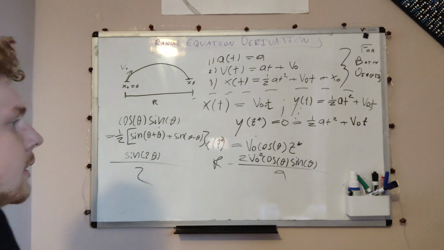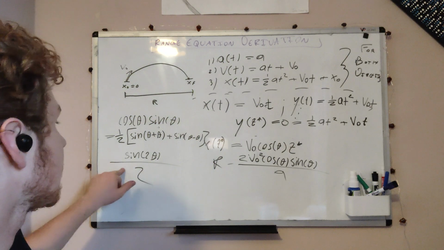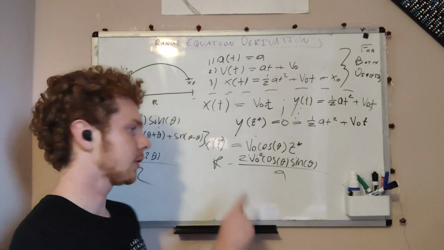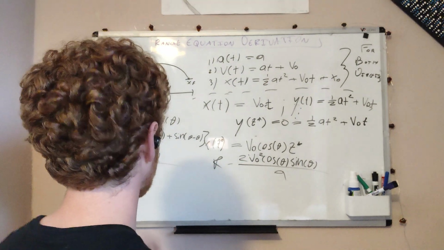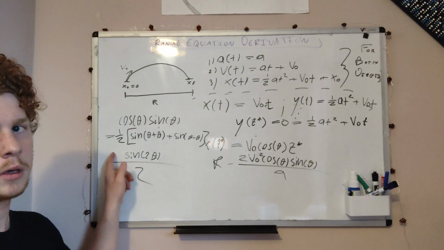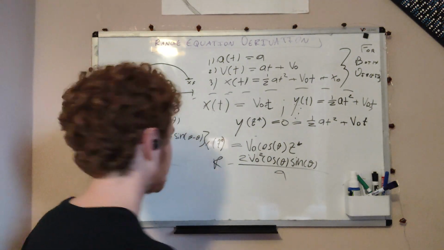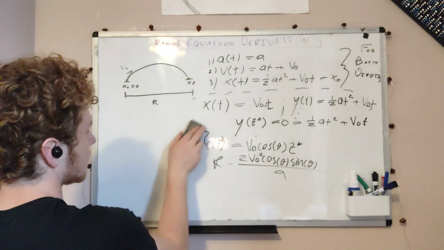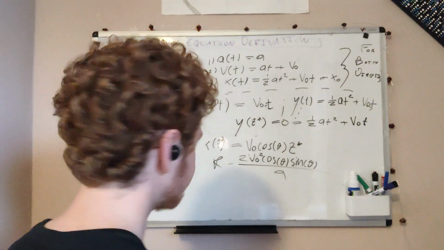So what we just did is we rewrote cosine of theta times sine of theta as follows, and that will simplify quite a few things. It'll simplify both the 2 and make it use only one trig function instead of 2. I think that's pretty much why it was rewritten like that, so you could use it in terms of one function instead of 2.